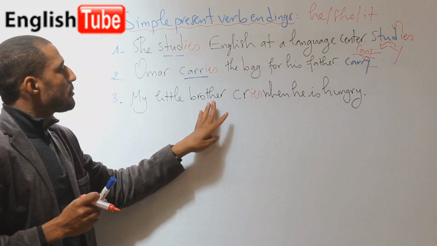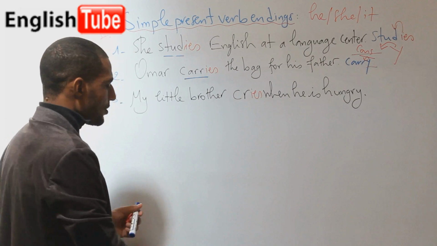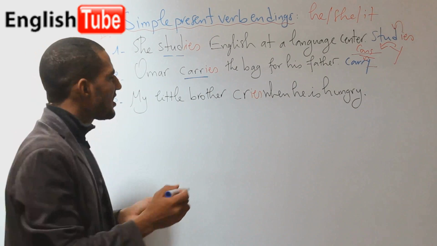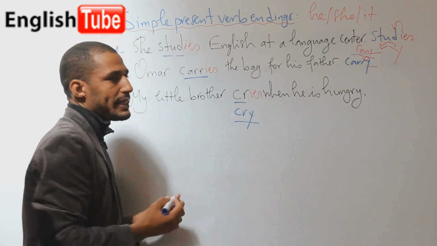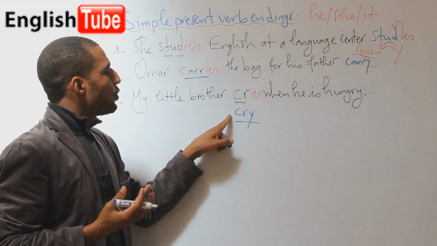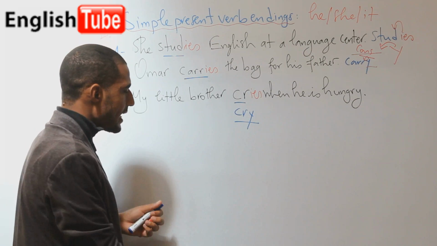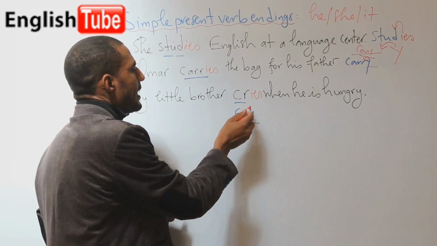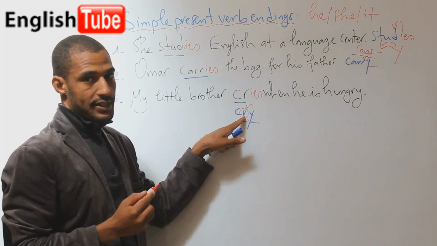Number 3, my little brother cries when he is angry. So the verb root here is not cur, it is cry. This is the root, the origin of the verb, or the verb base. So the verb cry ends in Y, and it is preceded by a consonant, which is R in this case.